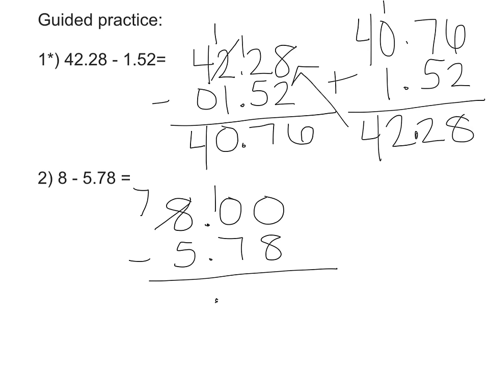But I still cannot subtract 8 from 0, so I'm going to turn this into a 9 and bring a 1 over to turn that into 10. So 10 minus 8 is 2, 9 minus 7 is 2, and 7 minus 5 is 2. So if I add my answer and my bottom addend, I will get 8 as my whole number.